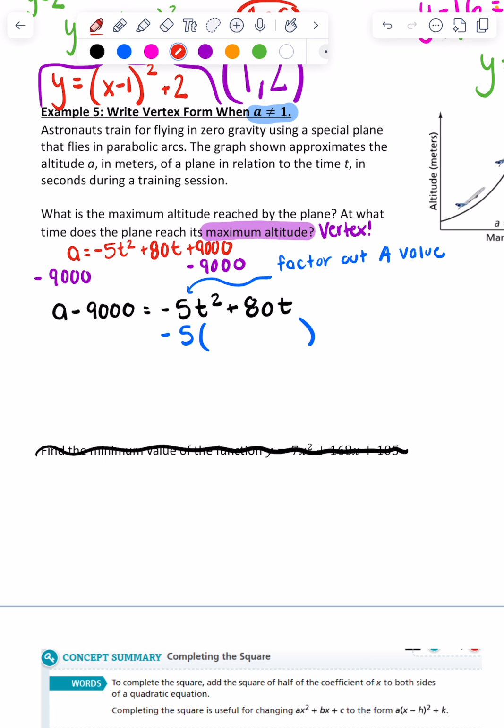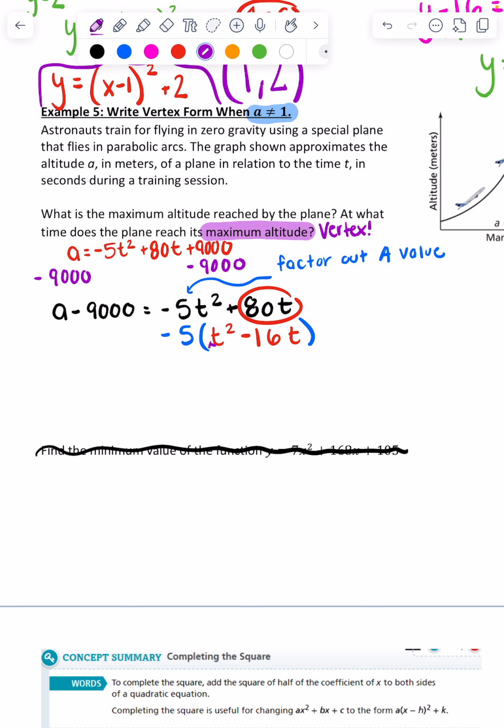So we're going to divide this by -5. And when we do, we're just left with t squared. Same thing, let's divide this by -5. And 80 divided by -5 is -16t.